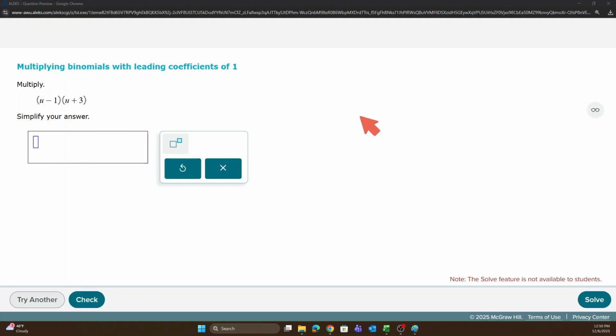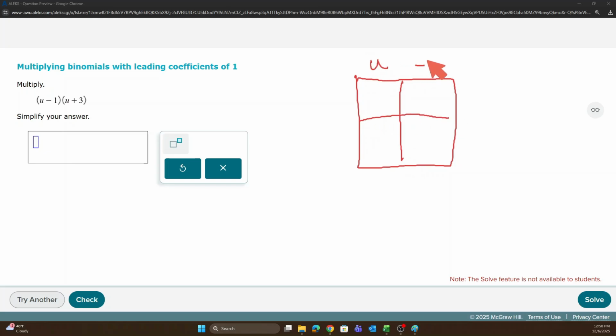Let's restart. All right, so here we have two binomials that we're going to be multiplying together. So we're going to start by drawing a box. And we're going to put u minus 1 and u plus 3 on the outside. Then we're just going to multiply everything on the inside. This is u squared.